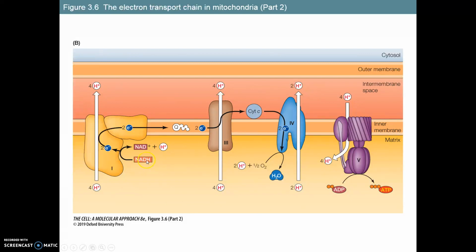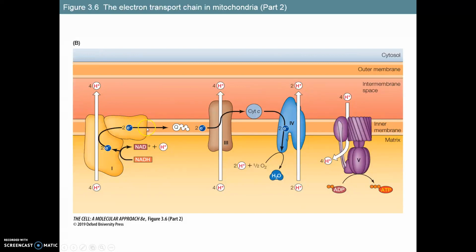So when we dump electrons off onto complex 1, what it does is transport protons from the matrix into the inner membrane space. Those electrons have lost a little bit of energy in this process.